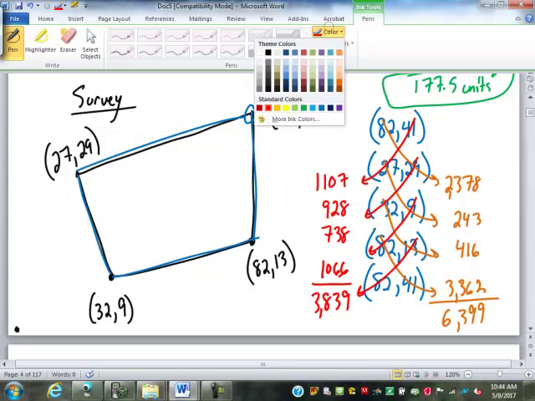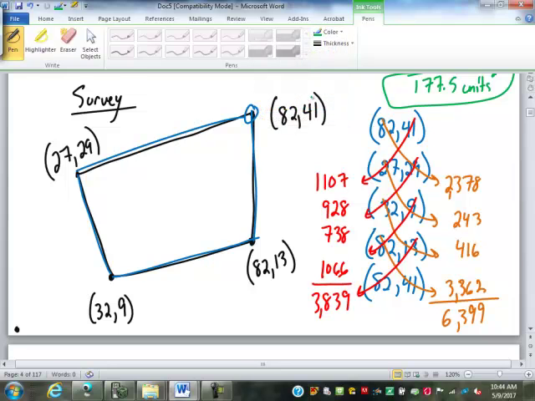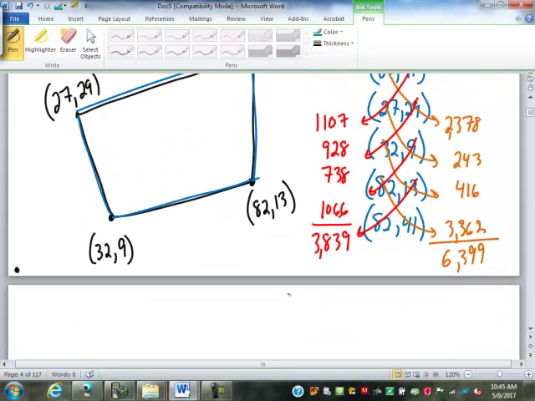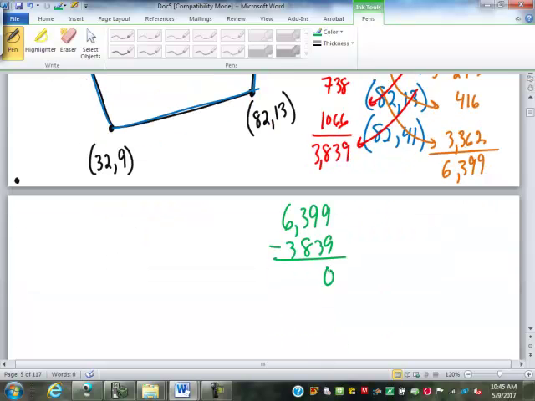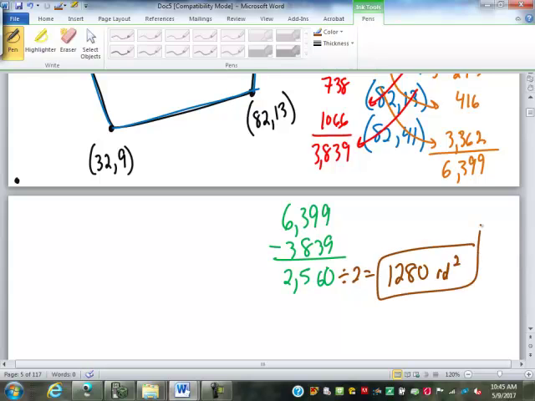Very good. And then 2560. And then divided by 2. 1280. That's going to be square rods. 1280 square rods, by the way.